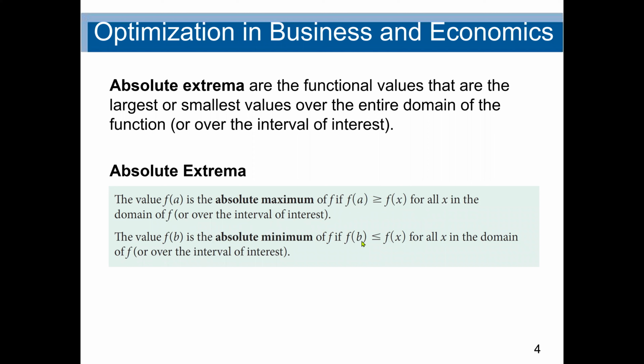And it will be opposite: if we have f at b, and it's less than or equal to f at x for all x in the domain, then the point b will be our absolute minimum. So again, for absolute maximum and minimum, no matter how many increasing and decreasing curves we have in the function, we only get two values, the most maximum and the most minimum.